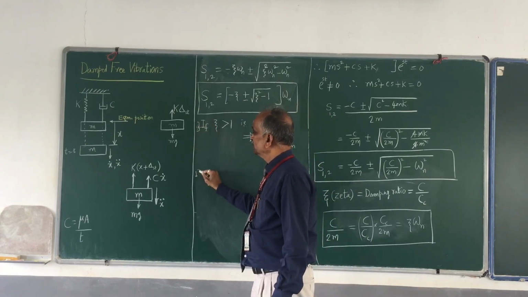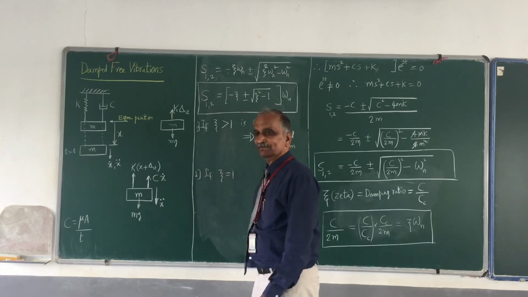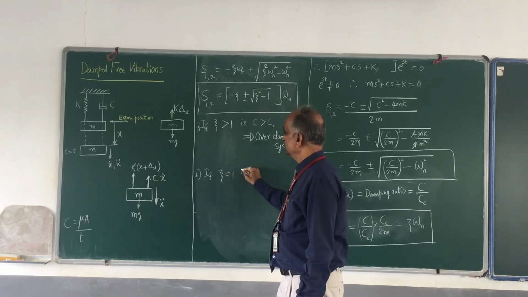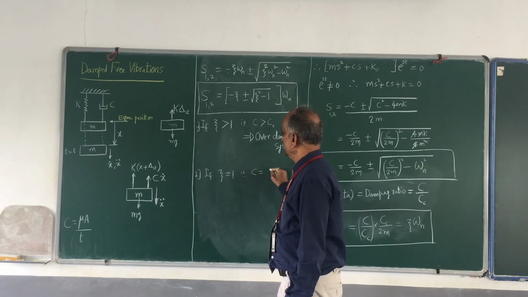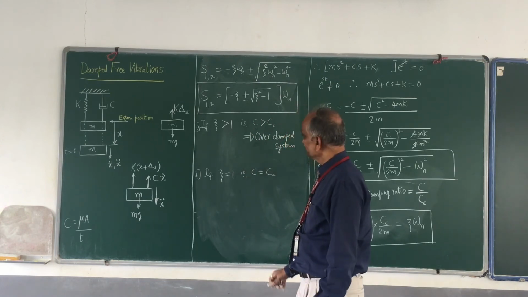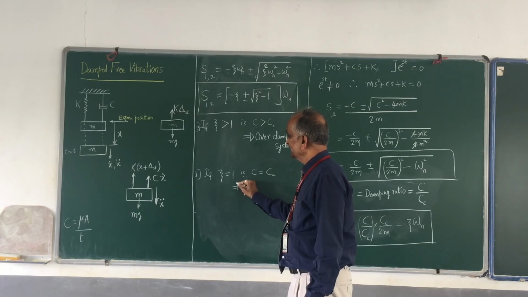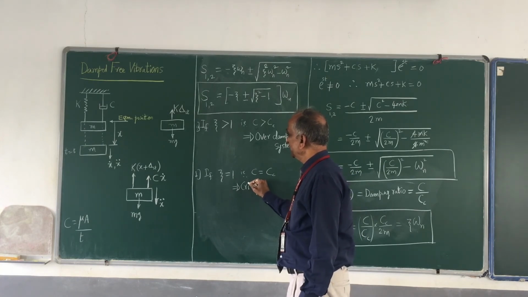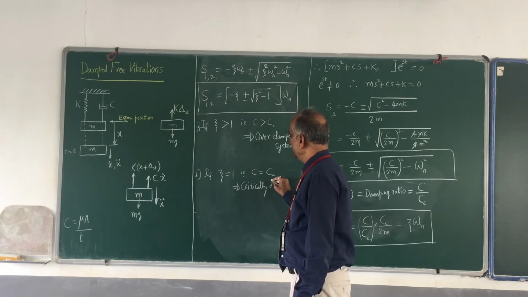Then I have another condition. If zeta is equal to 1, that is C is equal to Cc, then that system is called a critically damped system.